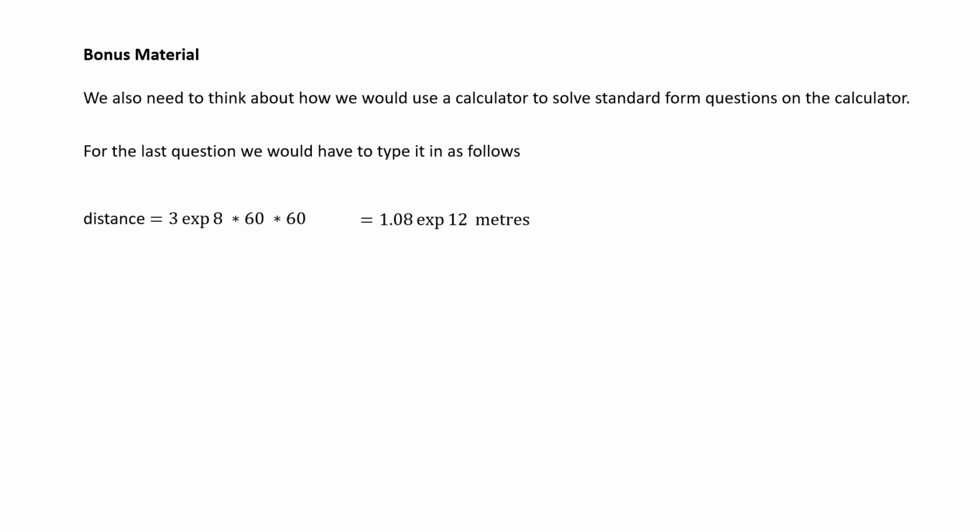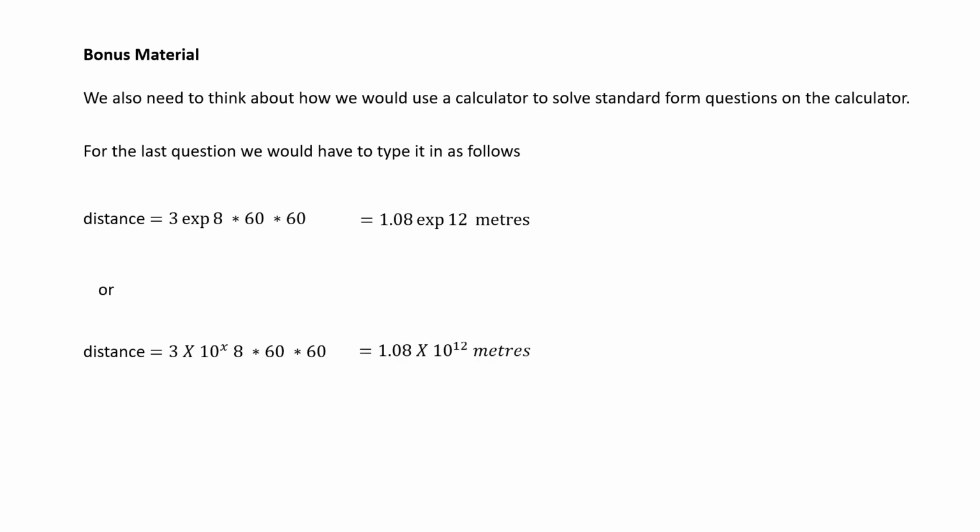Now that's if your calculator has the EXP button. Now some of the newer calculators do not have an EXP button. They have a times 10 to the power of x button, and you use that one. You do not type times 10 and then put in the power, and that will give you that.